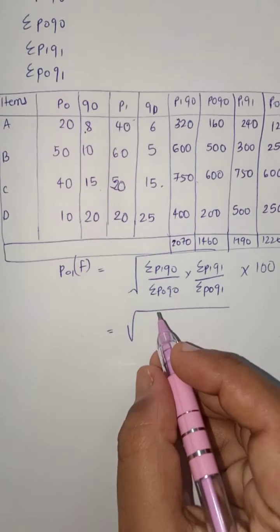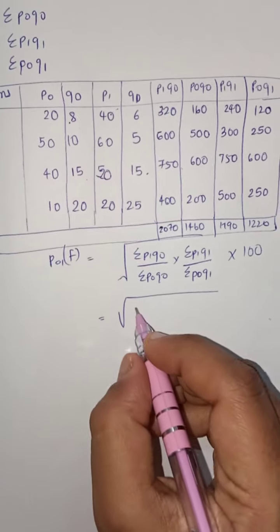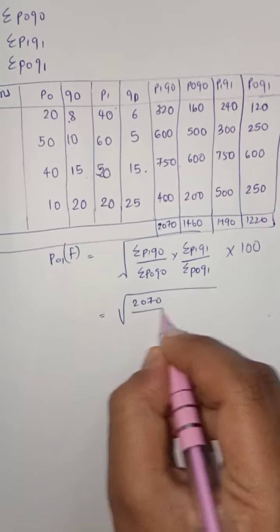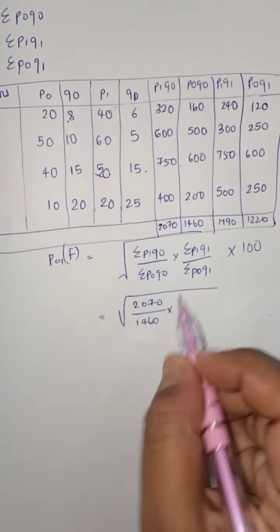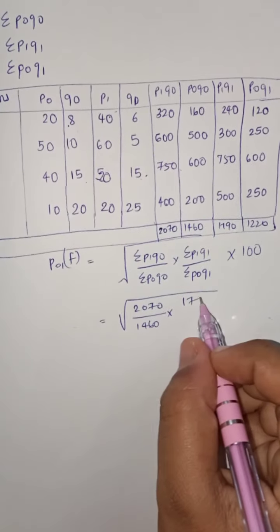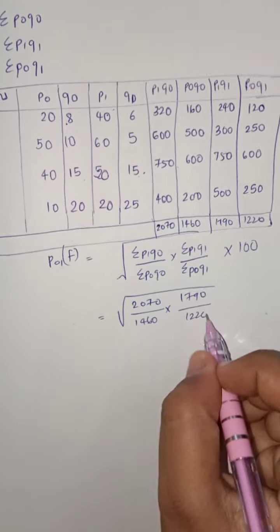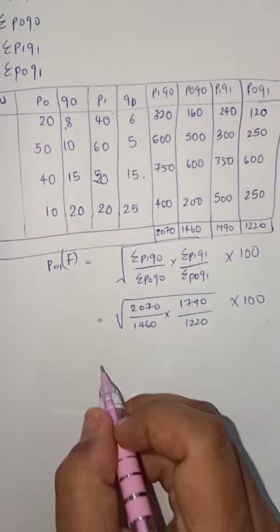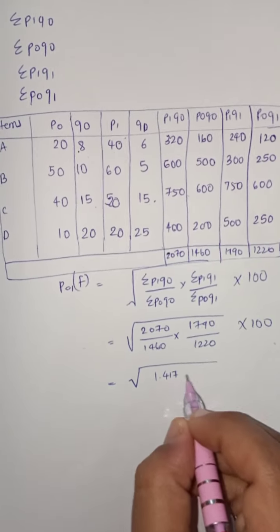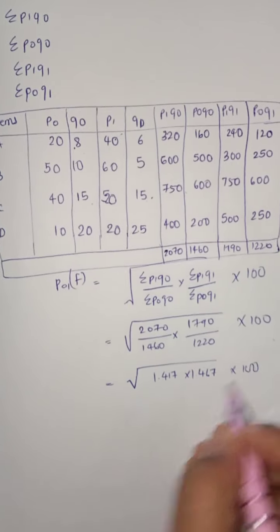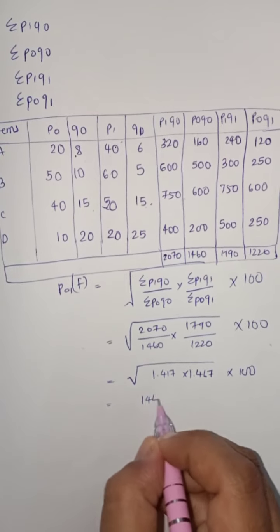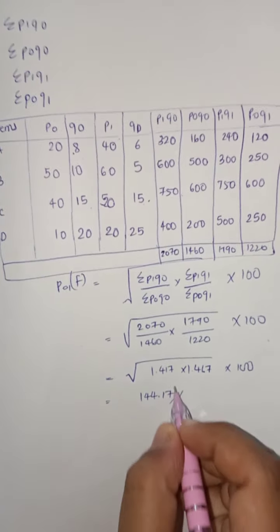So let us substitute. P1 Q0 gives 2070 divided by P0 Q0, 1460, into 1790 divided by 1220, which is into 100. 1.417 into 1.467, which is into 100. The answer is 144.17.